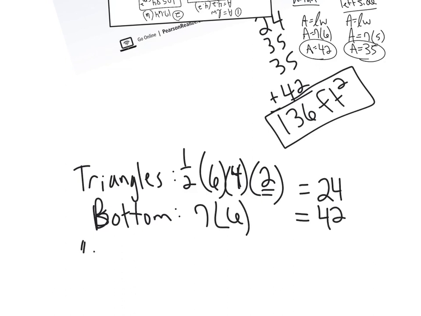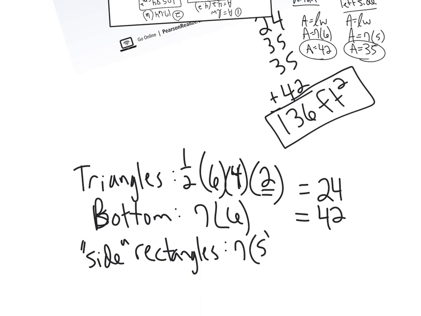And then we had the side rectangles. We did 7 times 5, and there were 2 of those. So you could just multiply that by 2, and that's 70. And then you could just add those together, it would be 136.